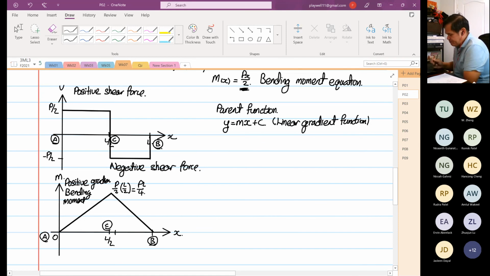It's a slope. And then from C to B, you have negative gradient in the bending moment.